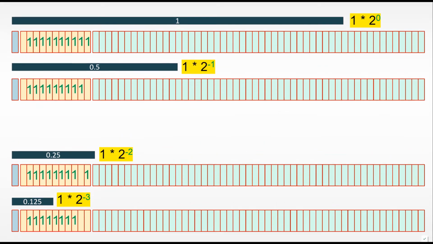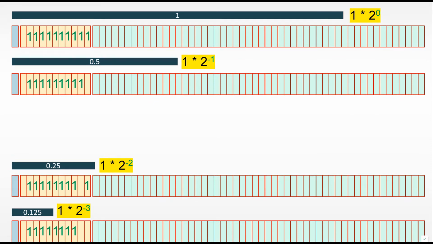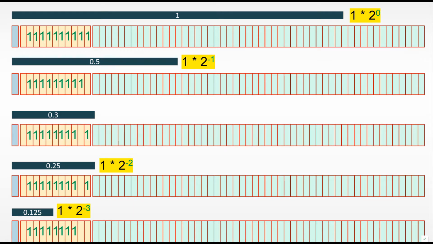But what would happen if we have a simple decimal number, for example 0.3? How would 0.3 be represented in binary? The exponent would be straightforward. It would be the same exponent, in fact, 2 to the power of minus 2 as we had for 0.25. But notice what happens in the significand. We keep getting 2 zeros, 2 ones, 2 zeros, 2 ones.